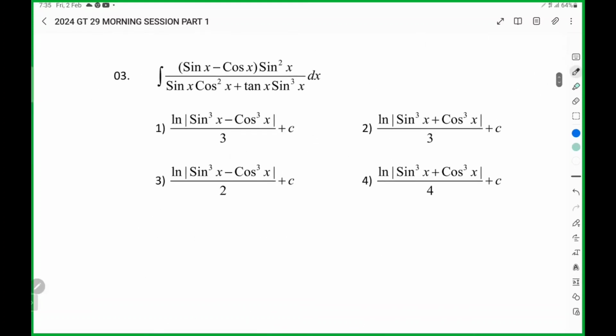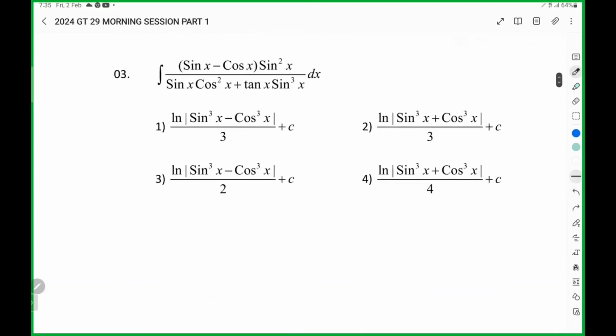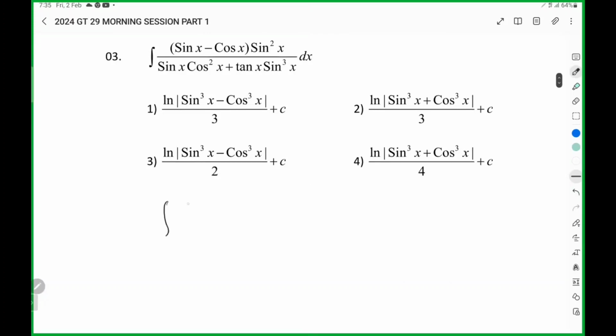Here, this integral, if you write it, the sin x minus cos x into sin square x, sin x cos square x plus tan x, which is sin by cos, into sin cube x dx.